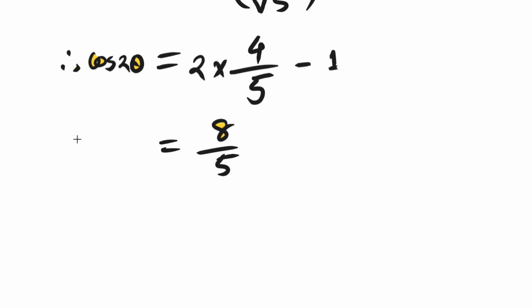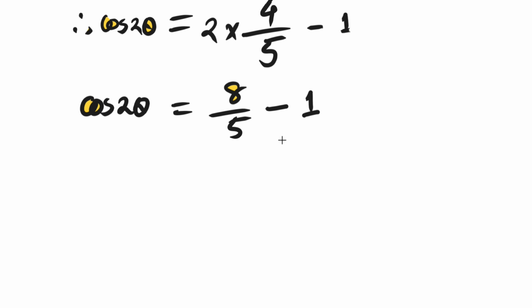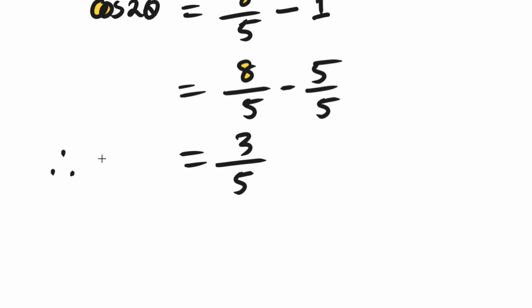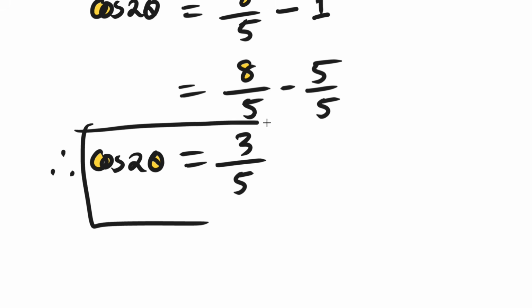So we have cosine 2 theta equals 8 divided by 5 minus 1. Writing 1 as 5 divided by 5, we get 8 divided by 5 minus 5 divided by 5, which is 3 divided by 5. Therefore, cosine 2 theta equals 3 divided by 5.